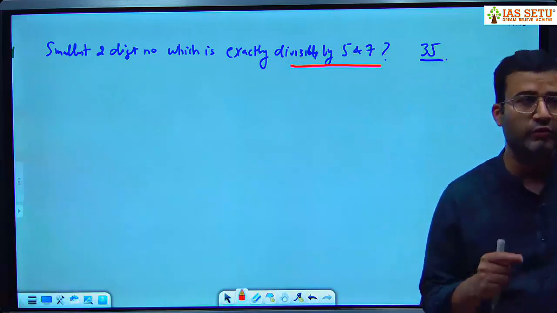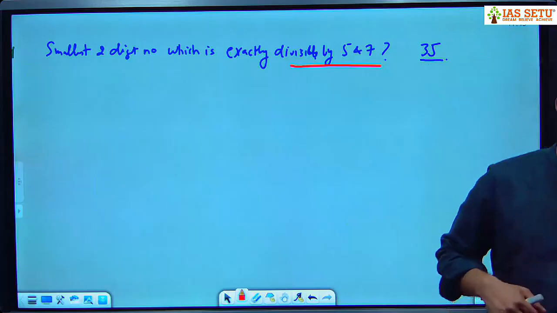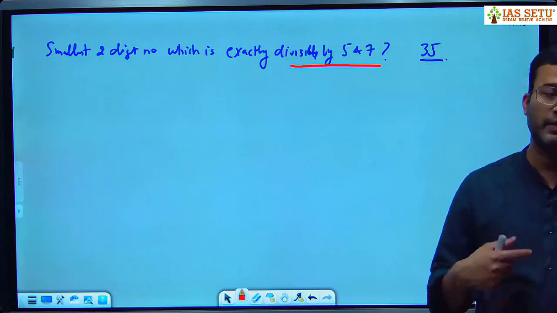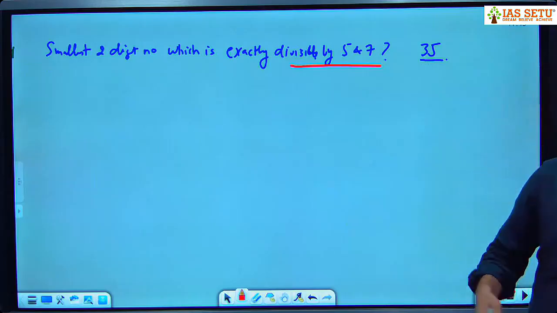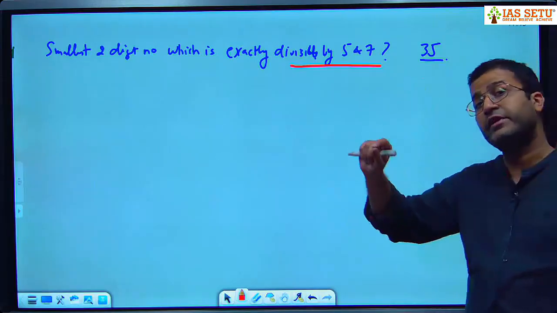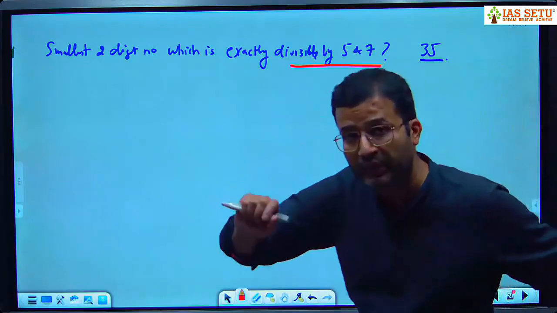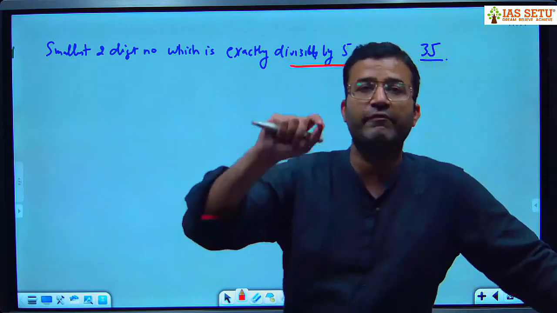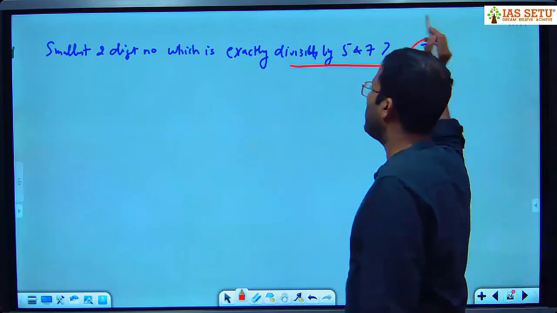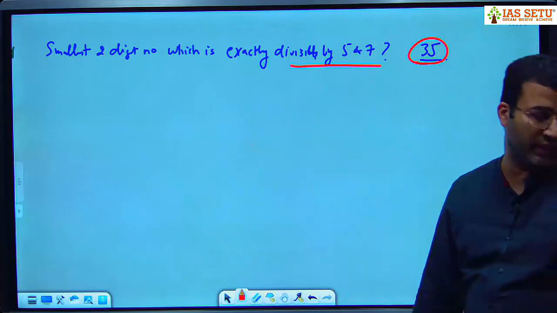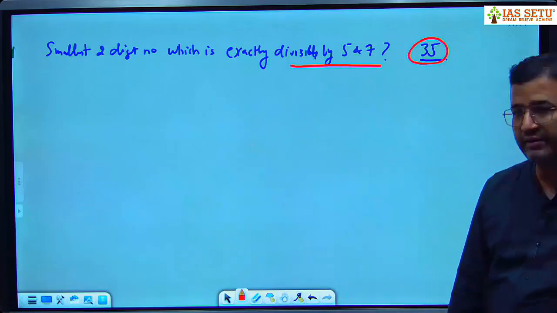If we are looking for factors, HCF will help. जहां पे हम फैक्टर खोज रहे हैं वहां HCF हेल्प करेगा. जहां मल्टीपल, what are divisible by 5? 5, 10, 15, 20. Multiples, what are divisible by 7? 7, 14, 21, 28. So 35 is the smallest two-digit number which is exactly divisible by 5 and 7.